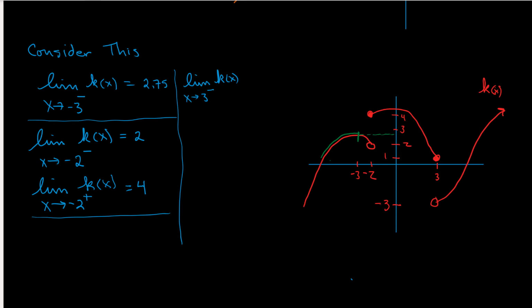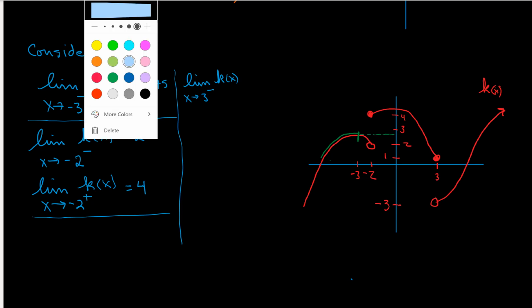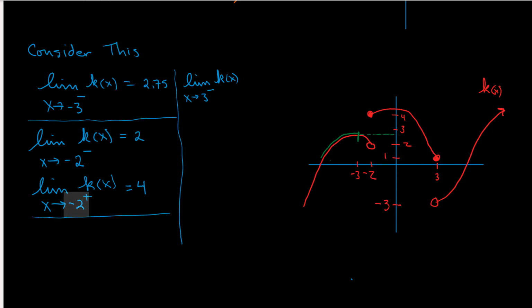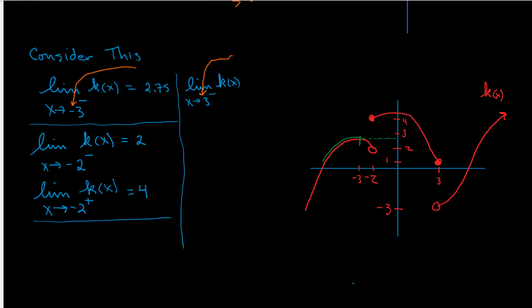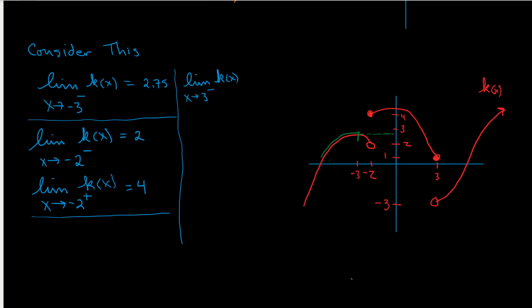In the very first problem we did, x was approaching -3. Now x is approaching +3. However, in each case, it's approaching from the left-hand side. Okay, so let's take a look at what's going on.